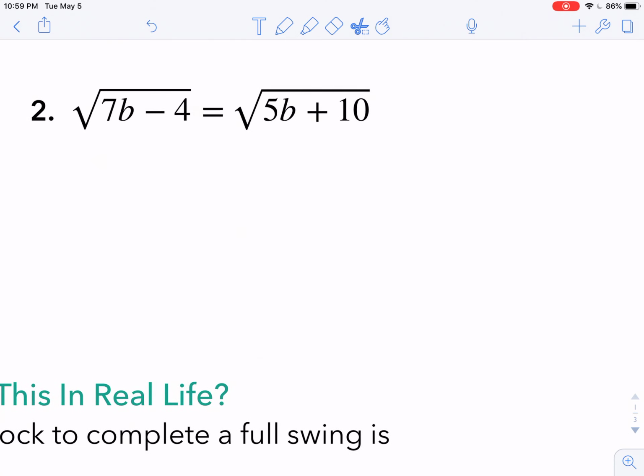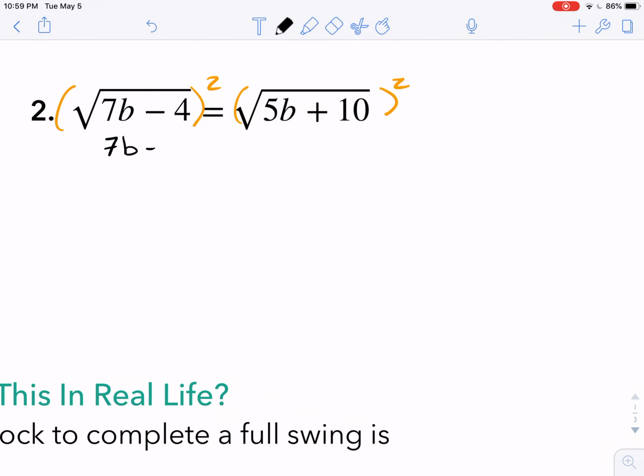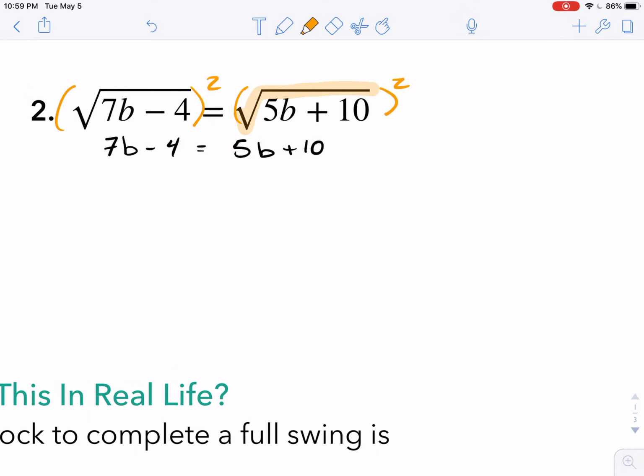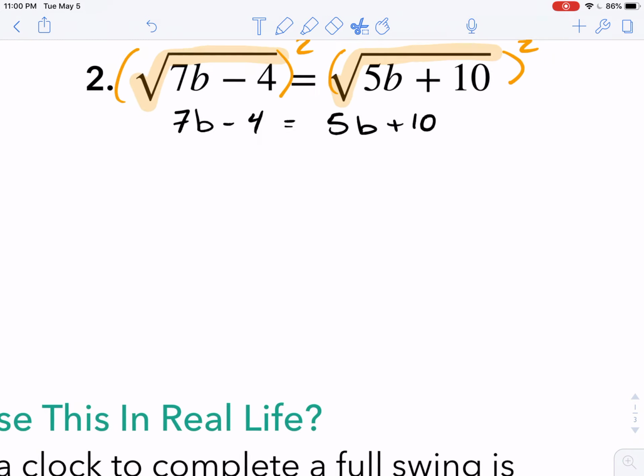Oh, hey, look, we have 2 radical signs this time. Okay, so let's go ahead and square both sides, and conveniently, that will get rid of both radicals, leaving us with just 7b minus 4 equals 5b plus 10. You know how to solve that.